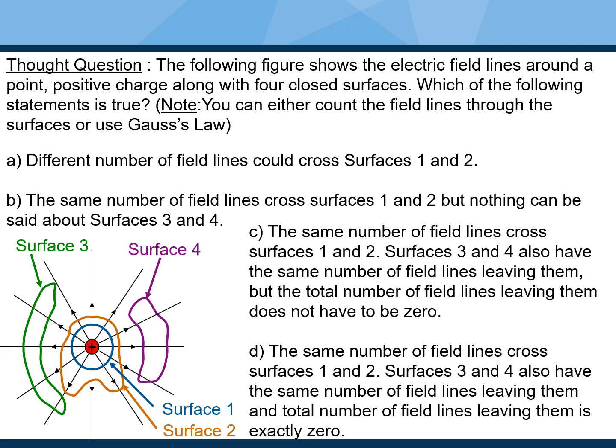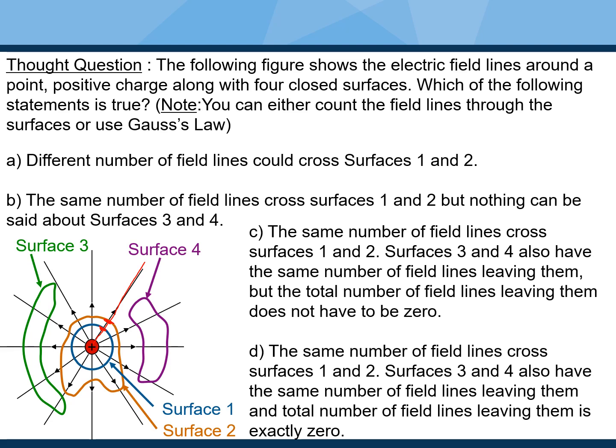Every field line that cuts through this blue surface is also going to cut through the orange surface in an outward direction. So every field line that cuts through the blue surface can also be counted as positively cutting the orange surface. That tells us that the number of field lines crossing surface 1 and surface 2 should in fact be equal.